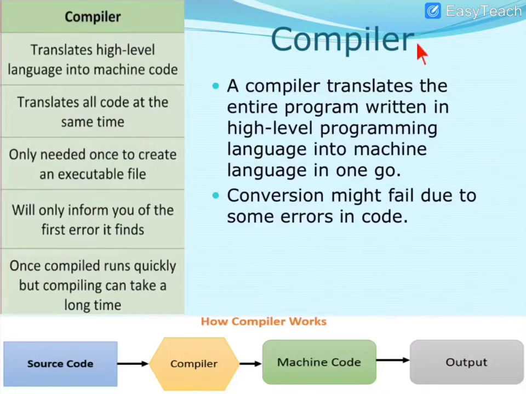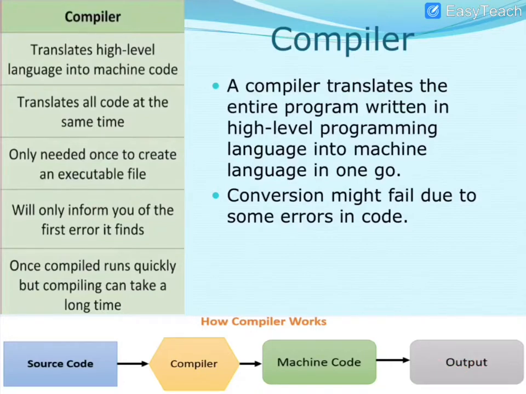So translators, what does the translator do? It takes the source code, the compiler converts all the source code into machine code in one go, and if there are not any errors, then that machine code is executed by the computer, and then you get your desired output, the desired result, the desired instructions, the steps that you gave to the computer, and the computer follows those instructions.